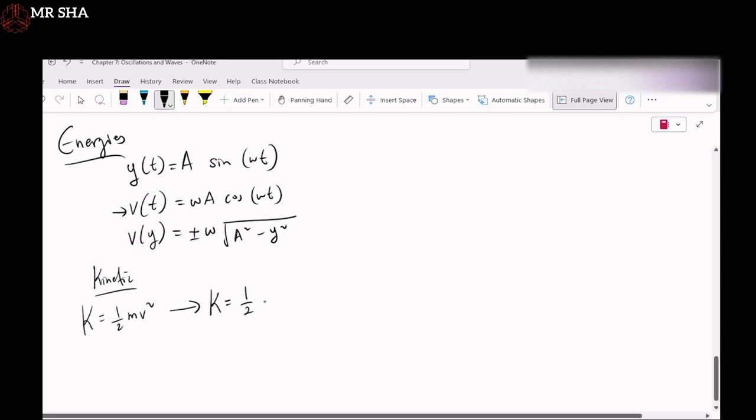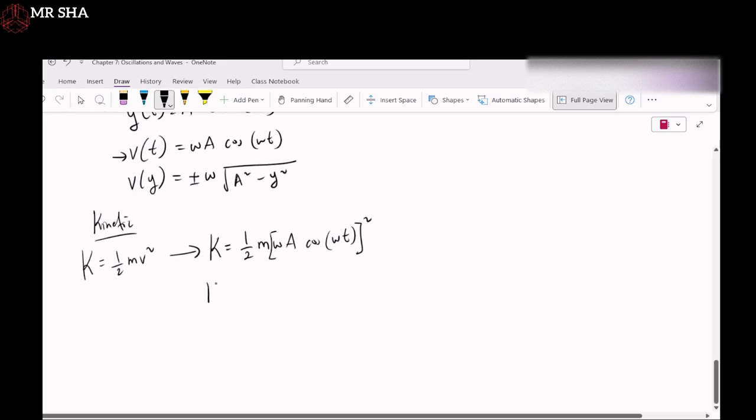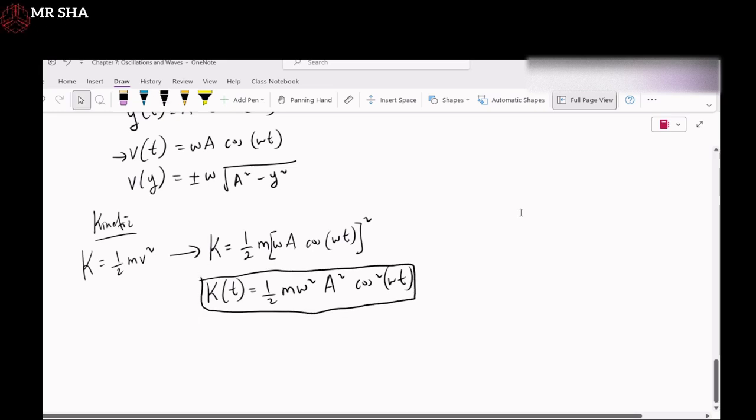So then I'll have half m times (omega A cos omega t), and this whole thing should be squared. Then I'll have K as a function of t equals half m omega squared A squared cos squared omega t. So that's as simple as it gets. Just substitute it in and then square it.